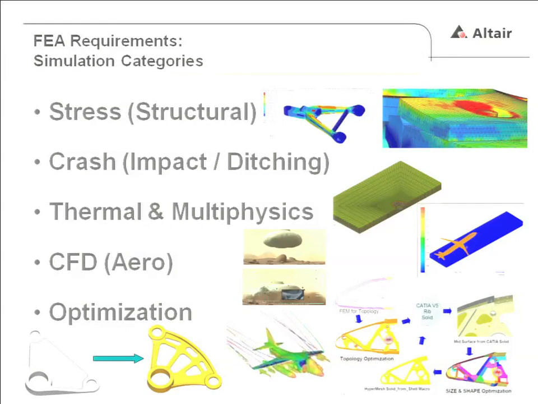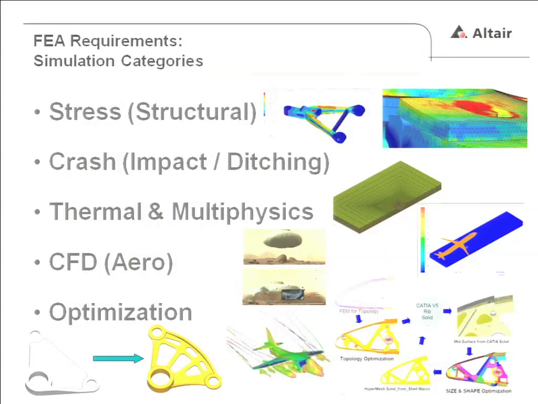So if you break the simulations into categories, one way that you might do that is like this. Stress is a huge part of FEA in aerospace. Stress and structural design, stress checking, looking at small displacements, looking at frequency response. All things that can be done in a small displacement world. Crash is another category.